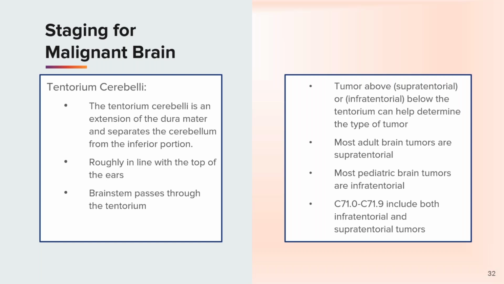Whether the tumor is above, supratentorial, or below, infratentorial, the tentorium can help determine the type of tumor. Most adult brain tumors are supratentorial, and most pediatric brain tumors are infratentorial. C71.0 through C71.9 include both infratentorial and supratentorial tumors.